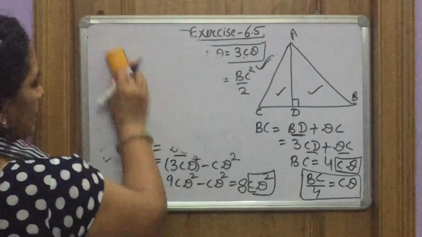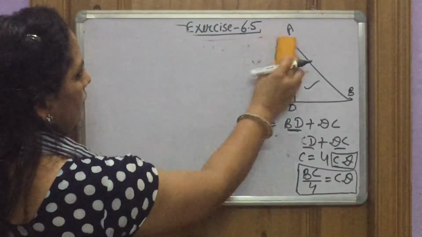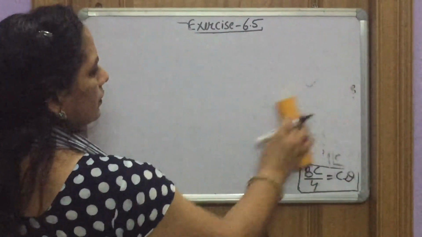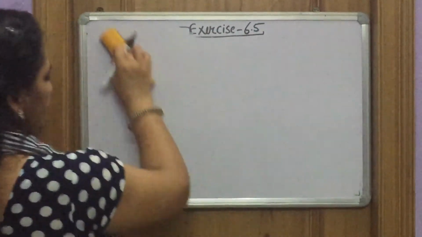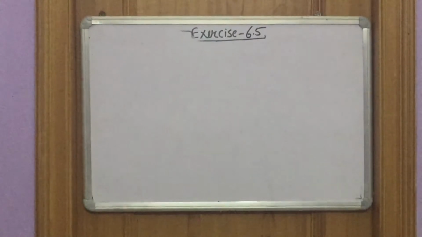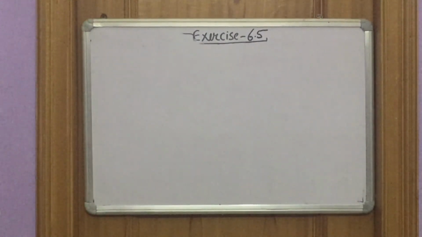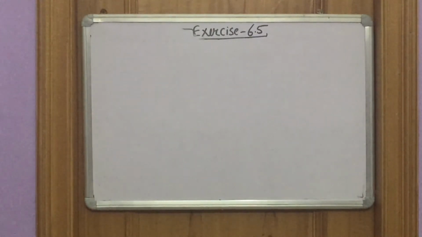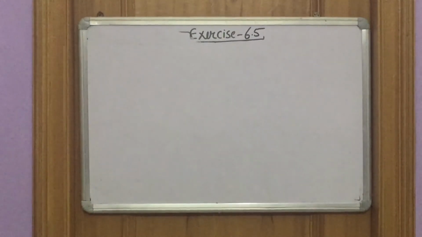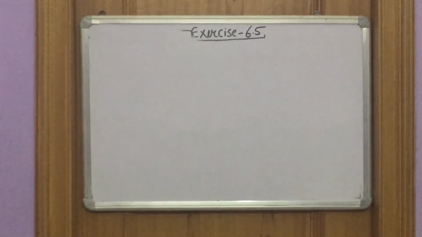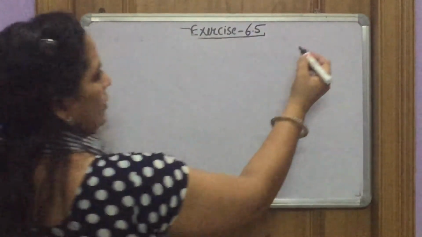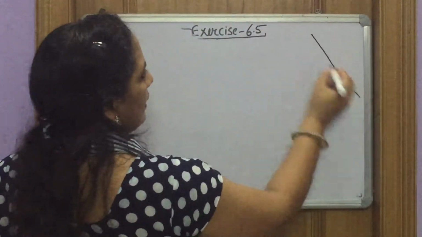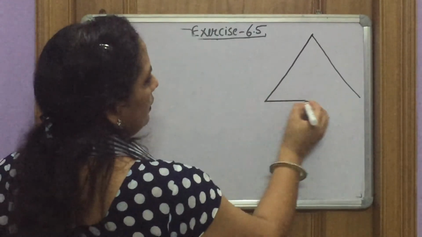Next question is, in an equilateral triangle ABC, D is a point on the side BC such that BD is equal to 1 by 3 BC. First of all, draw a triangle.